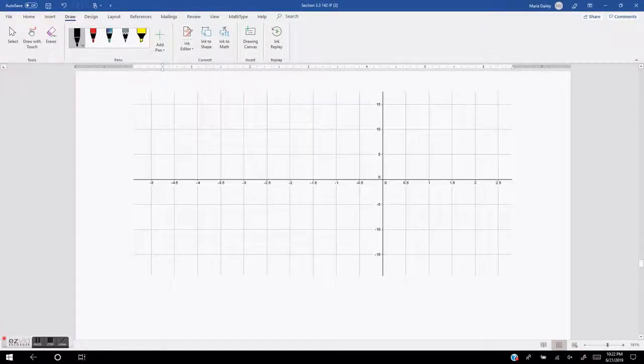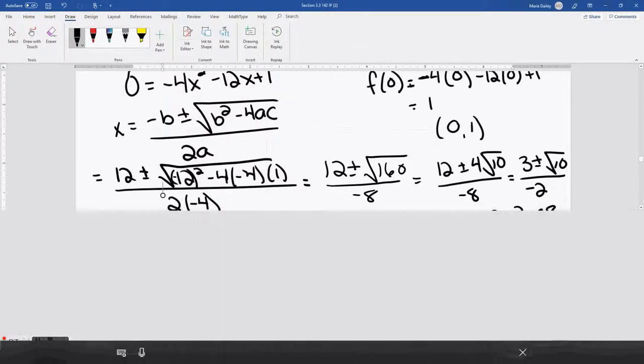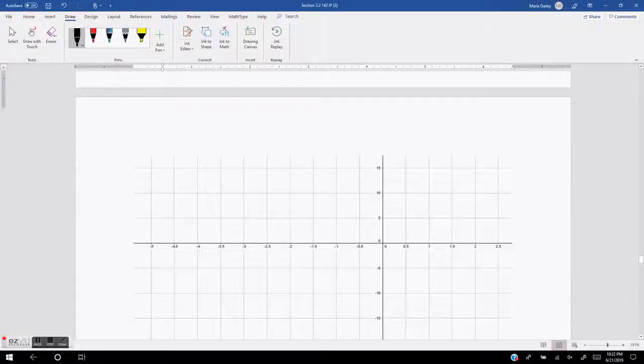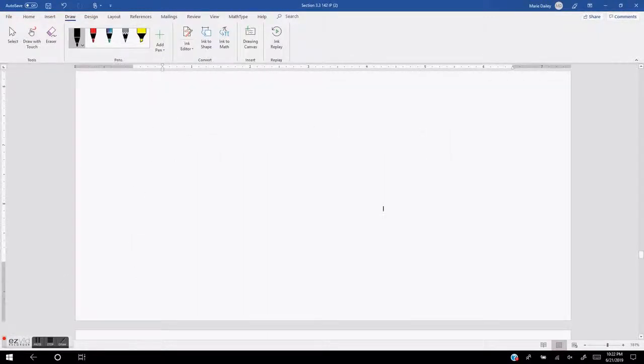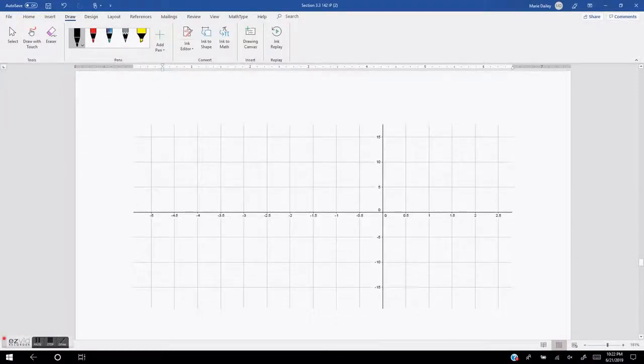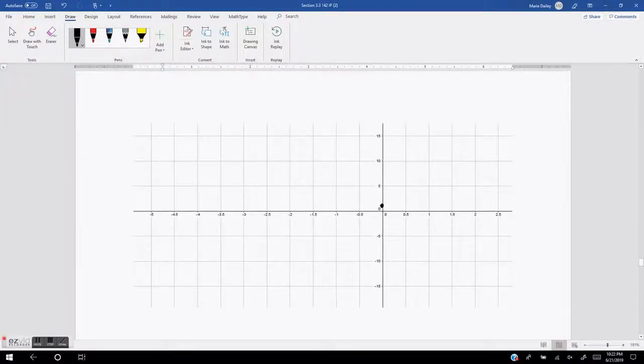So, (0, 1) will be right there. My vertex, which is (negative 1.5, 10), goes up here.